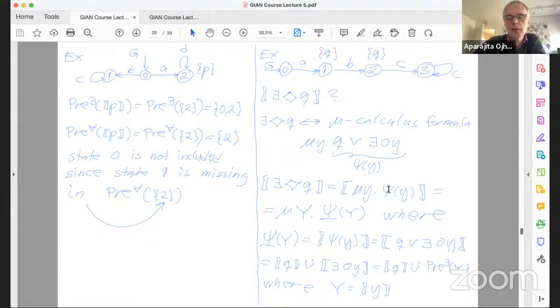Well, it's the states where this mu calculus formula is true, but then there is a translation of that given the semantics, where instead of small y, which is a logical variable, I introduce a set capital Y. So I'm searching for the least set of states where I have the fixed point that Y equals psi of Y, but now Y is a set.